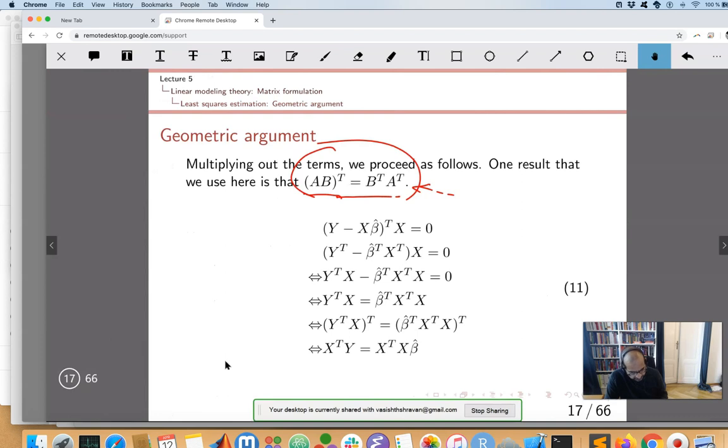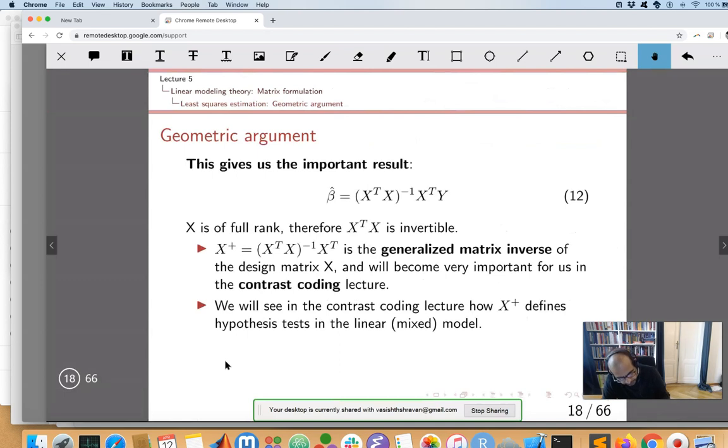I was at the point where I had X transpose Y is equal to X transpose X beta hat.